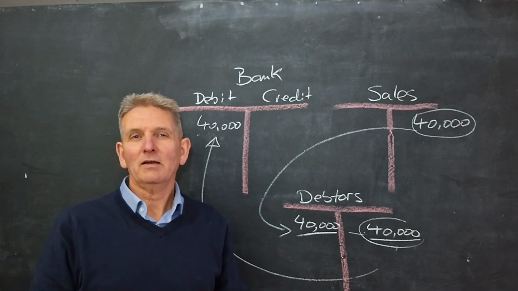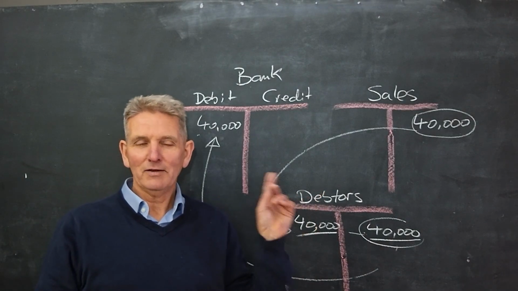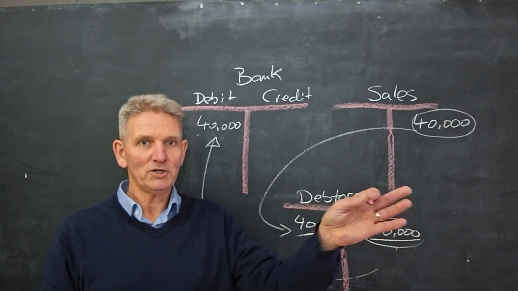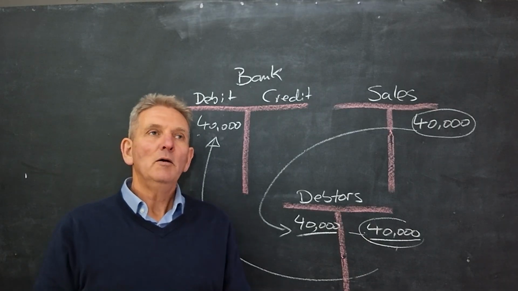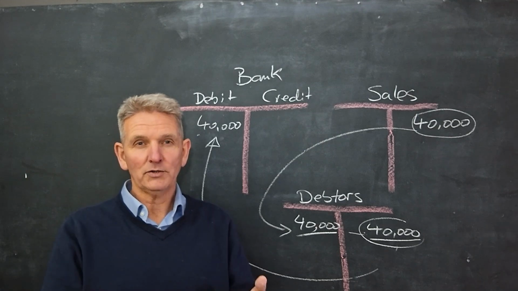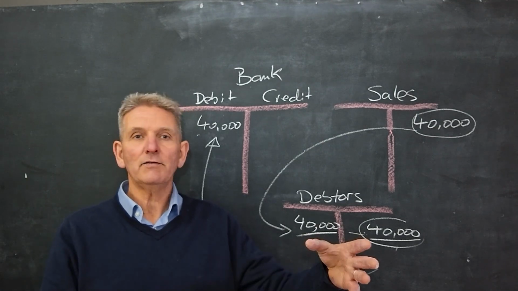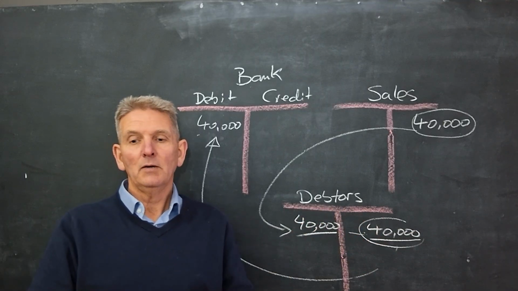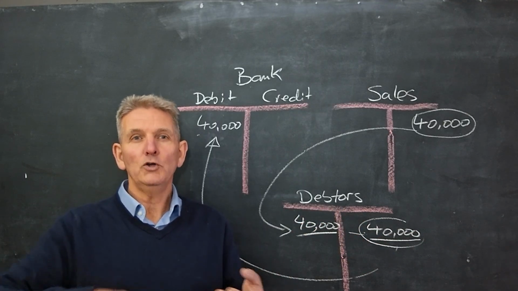Now you might think, I don't need a system to do this. I can remember that I've got 40,000 owing and I know in January I'm going to chase him for it. It's not a problem. But as your business gets busier and you have more and more transactions, it gets harder to manage. You might have 15 different invoices out. They might all be due at different times. You could have 3 suppliers or more that you owe money to.